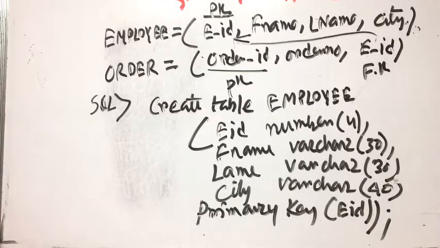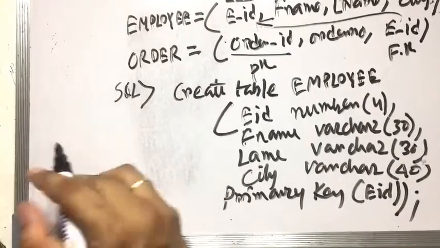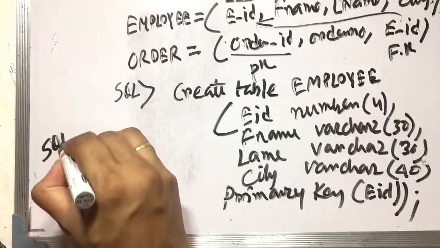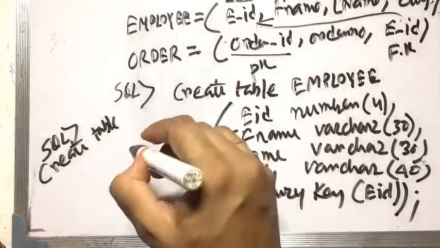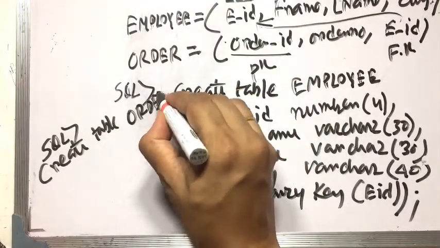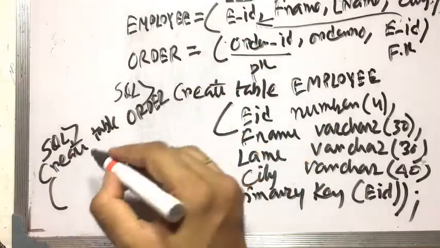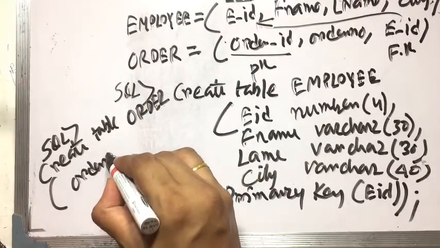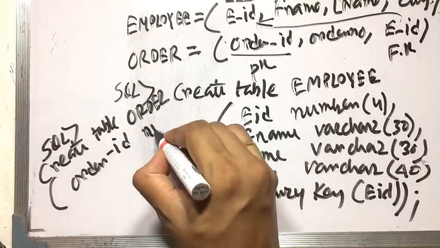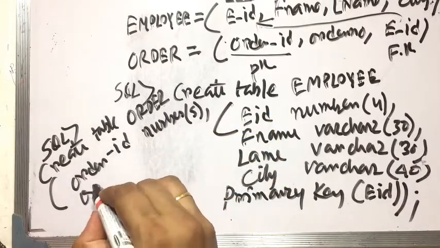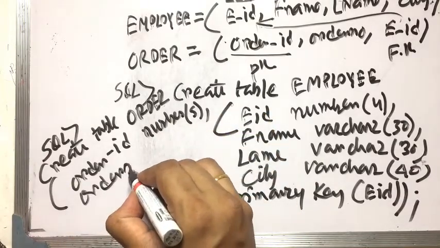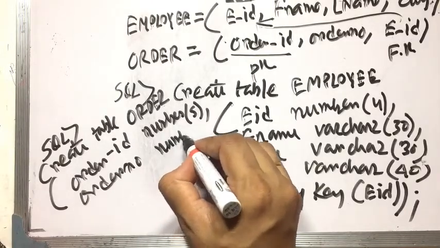Now we have to create the next table, linking the association with the other table. Create table order. Here the table name is order. Order ID is a number, suppose 5. Order number, meaning quantity, is a number, suppose 2.